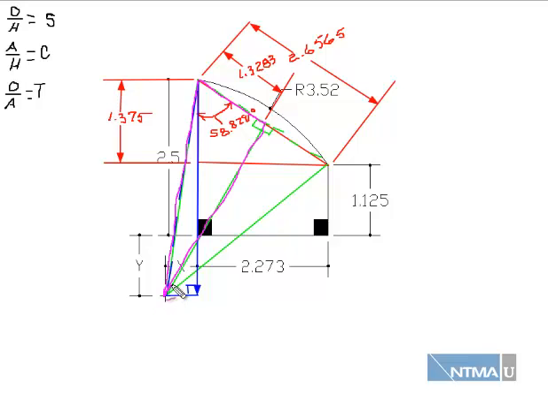Here's my 90 degrees here. Do I have enough information to solve for this angle from here all the way over to here? I sure do. How? I have this. That's the adjacent side, and I have this hypotenuse, which is the 3 inches, 520 thousandths.